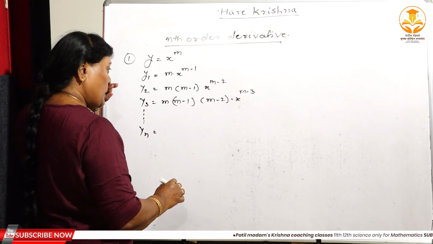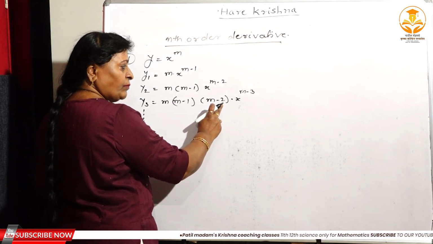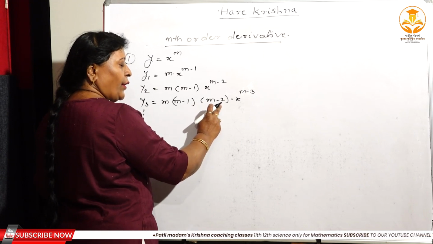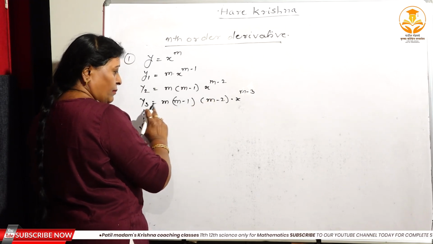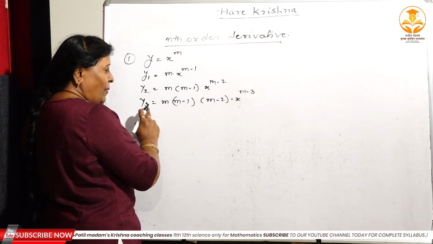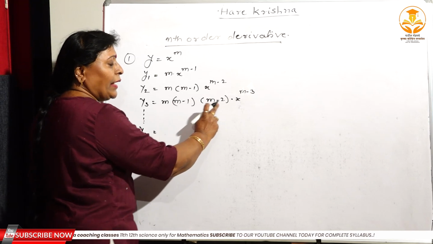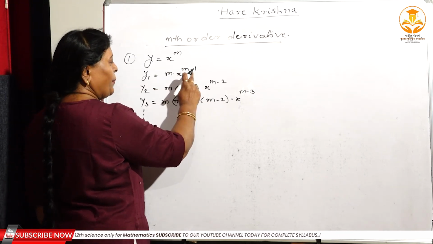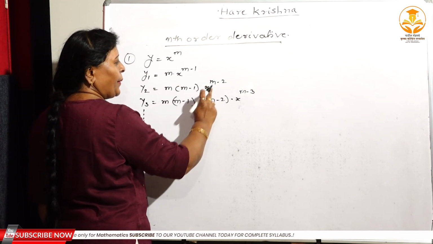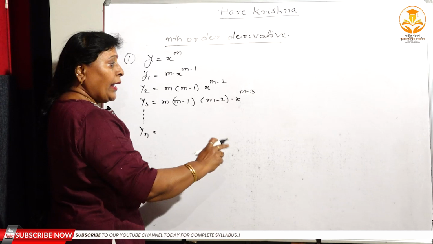If you observe, for the third order y3 you have got m minus 2, so one term gets less. First order derivative has m minus 1, second order derivative m minus 2, third order derivative m minus 3, so nth order derivative has m minus n.